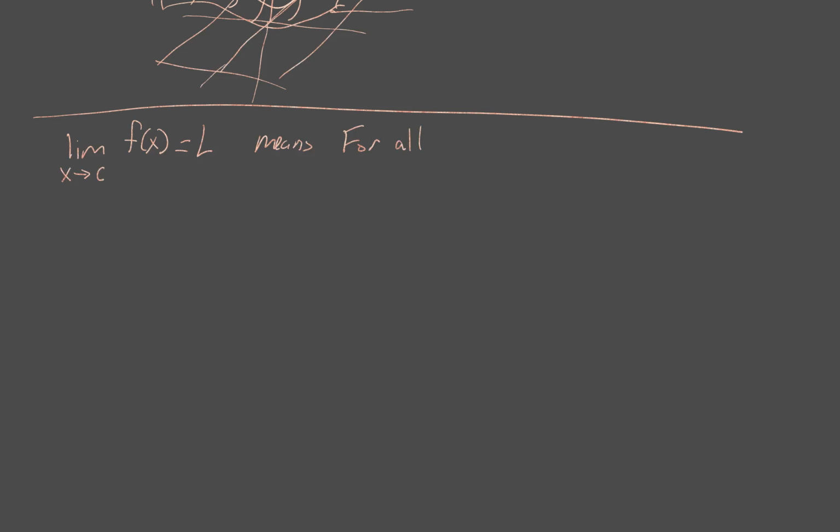For all epsilon bigger than 0, there exists delta bigger than 0 such that if 0 less than the absolute value of x minus c is less than delta, right?